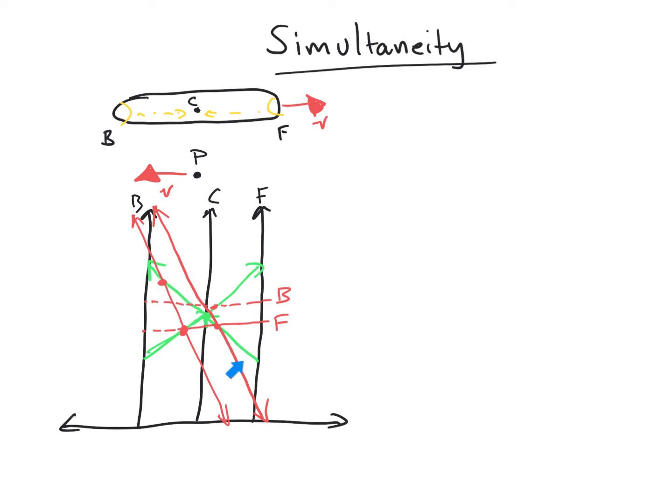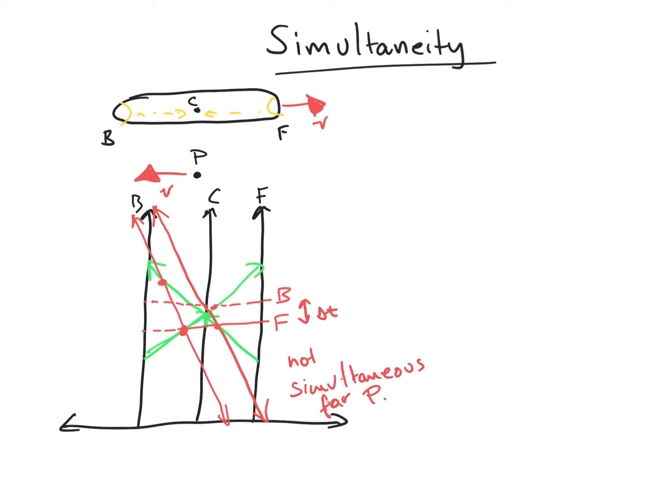So all you need is one example here, and you could draw this up, and what you're referring to is that there's some sort of change in time. It's not simultaneous for P, but it is for C.